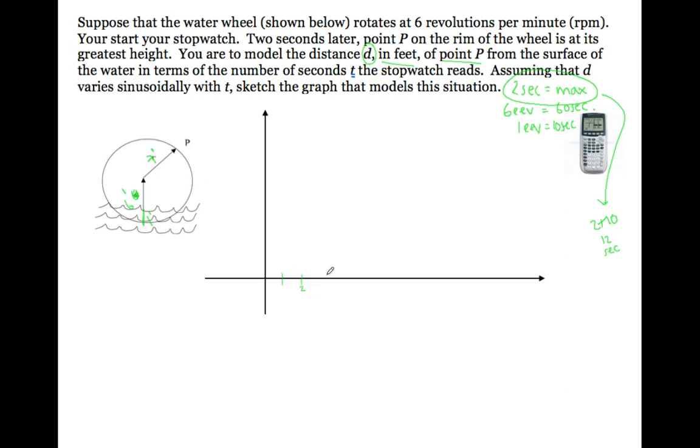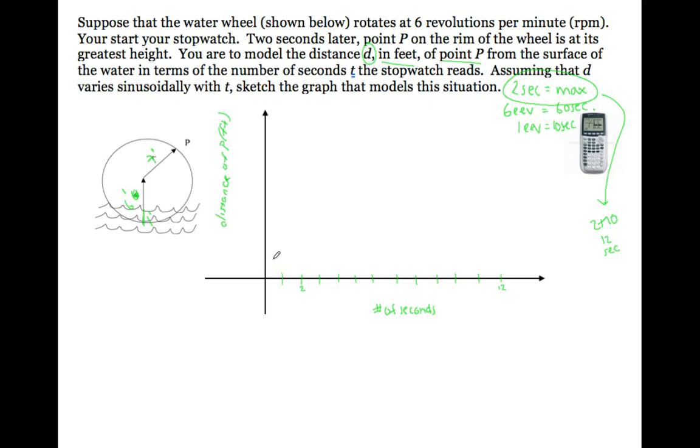This is 2, 3, 4, 5, 6, 7, 8, 9, 10, 11, 12. So this axis will be the number of seconds, and this will be the distance, or I guess the height is a better way to say it, distance of P, and this is going to be in feet.